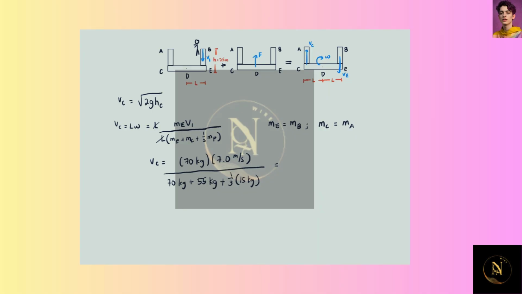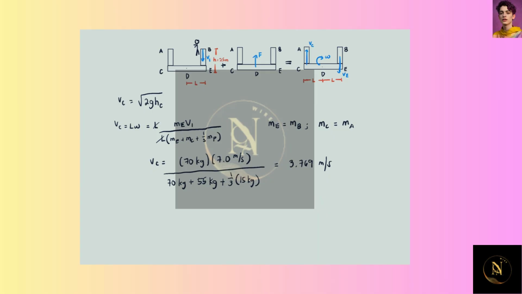So this is equal to 3.769 meters per second. So that's the velocity of point C, or the velocity of gymnast A.